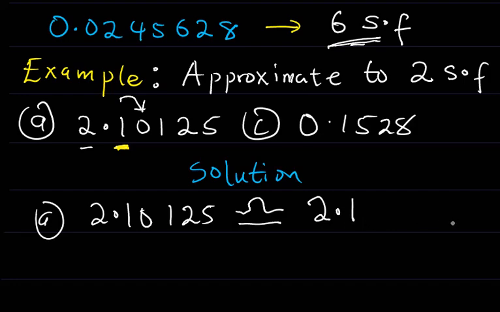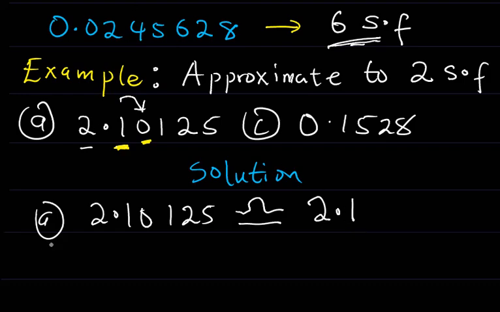Every other digit after the approximation, in as much as the digit is after the decimal point, is not significant, because I can replace them by 0000. So this is 2.1. If the number after the second significant figure were up to 5, I would have added 1 to the second significant figure, but since it's not up to 5, I will do nothing about it.